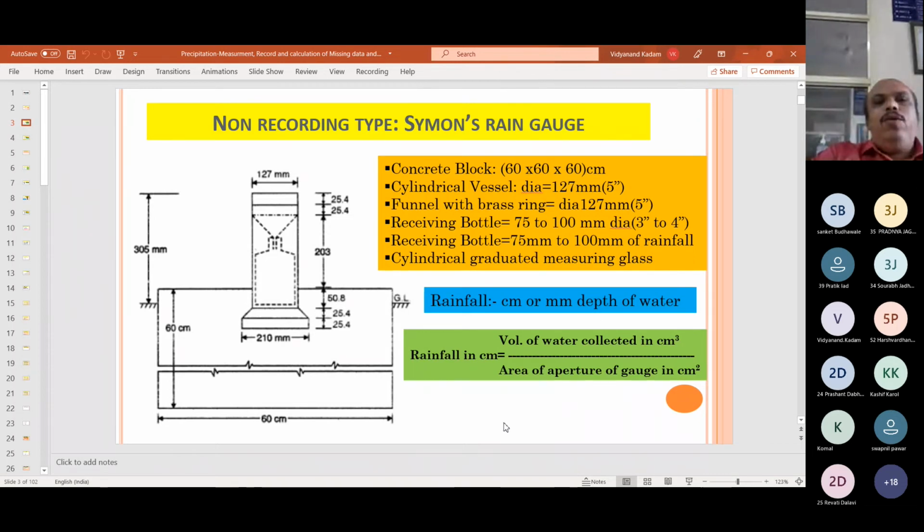At the center of this block, a depression is made to keep the cylindrical vessel, whose diameter is 127 mm, that is 5 inches. This vessel is kept at some depth below the top of the block.